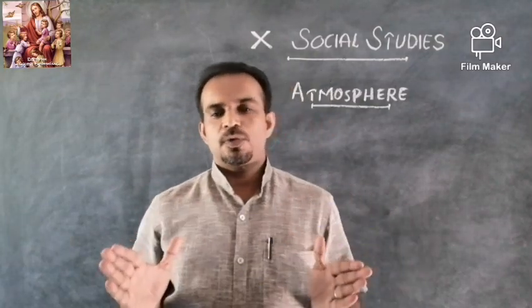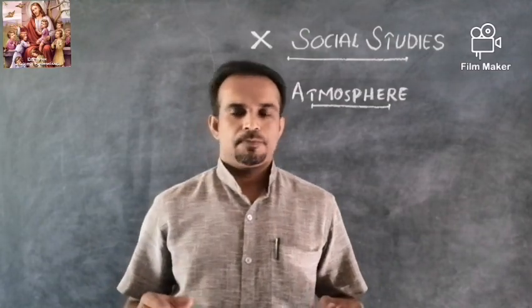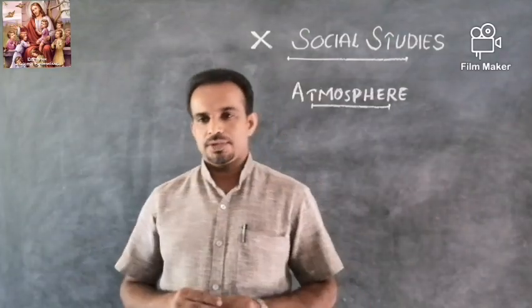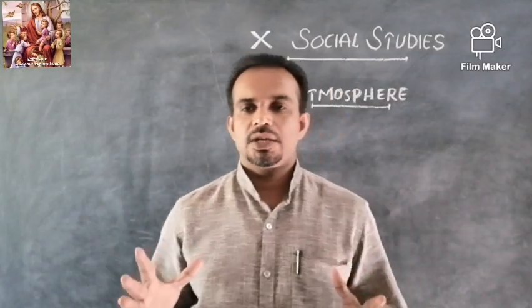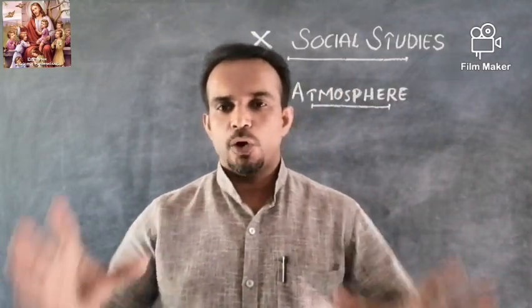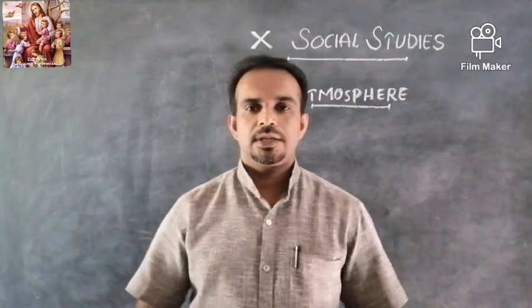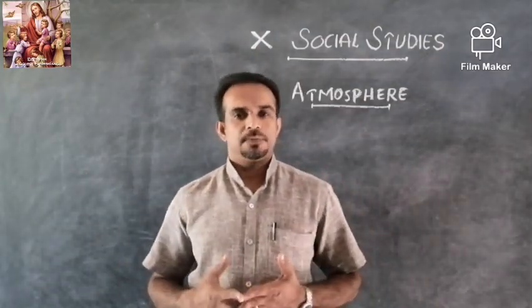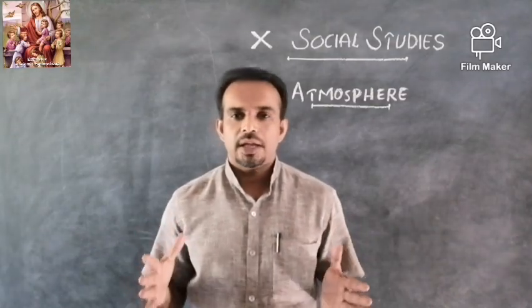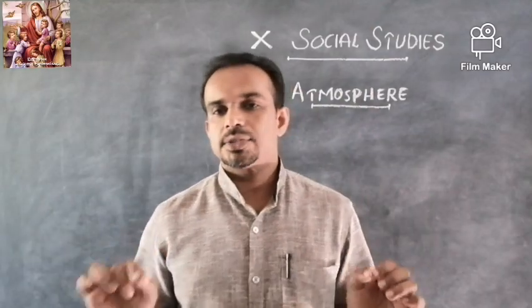And the presence of water vapor is limited up to around 6 kilometers. So that is the place where we can see all the weather phenomena that we will see in the coming explanations.